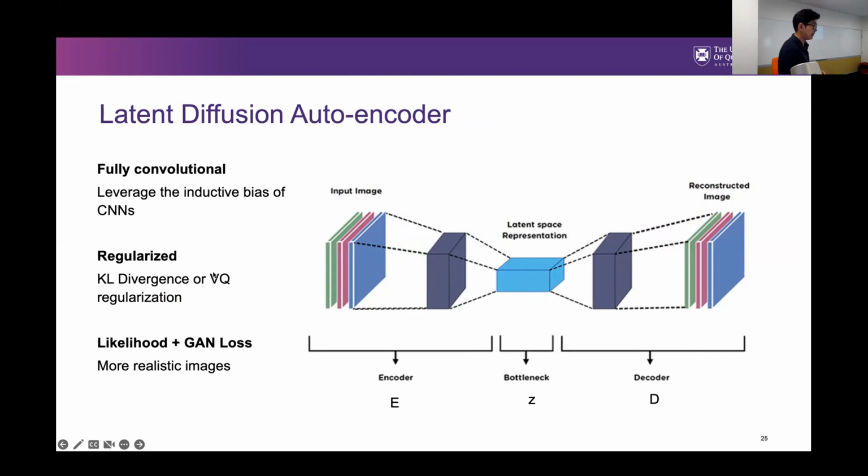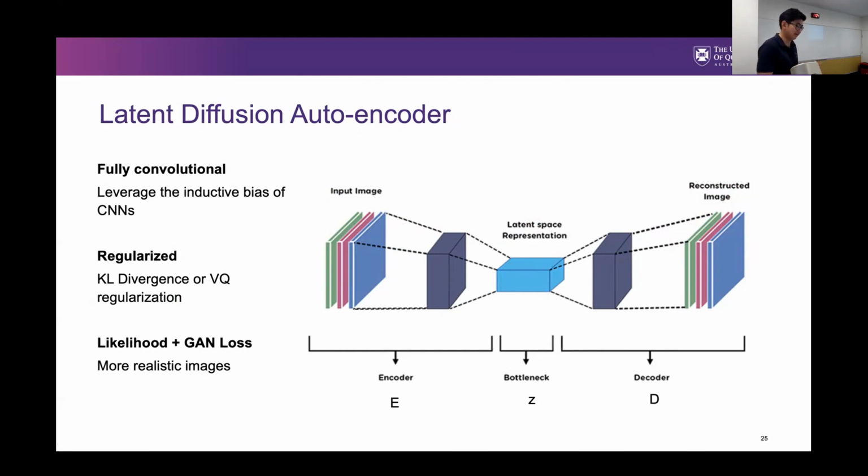The second is it's very heavily regularized. If we just train a naive autoencoder, it's going to have distributions all over the place. It's very hard to interface another model like a diffusion model in the middle. So what they did is have a KL divergence loss function here to make sure that the latent space is more normally distributed, not uniform.